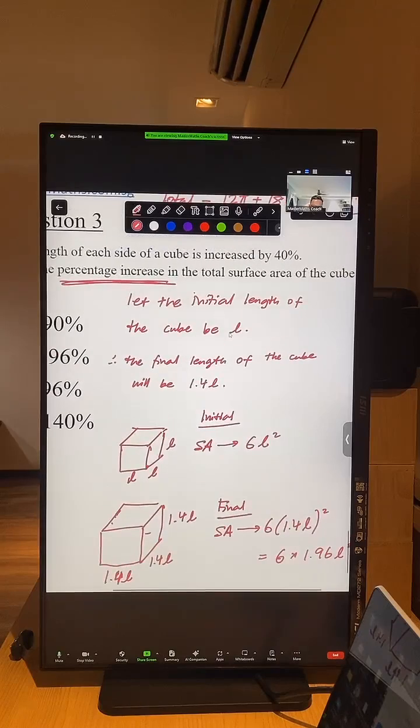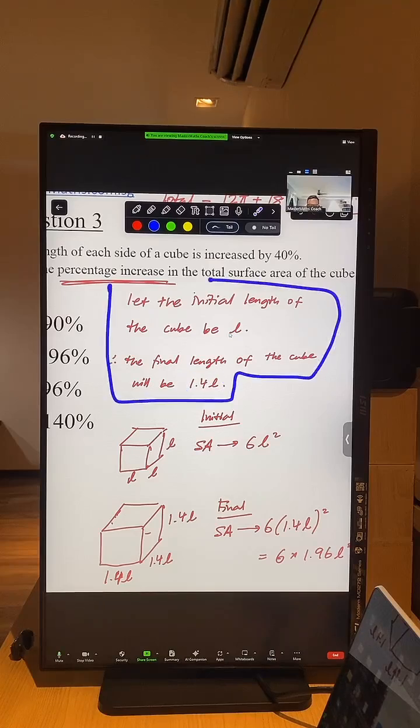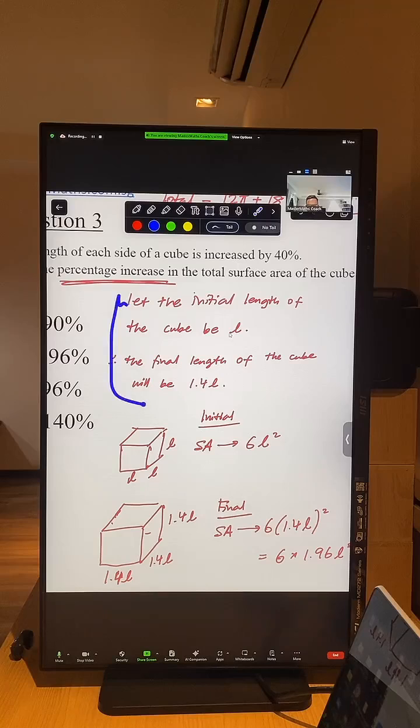You need to be able to write things like this: Let the initial length of the cube be L. You need to write this kind of sentences often. Practice. Then from this, you can deduce that the final length will be this. If you can do this part here, guys, I will say half the battle is won already. Seriously.